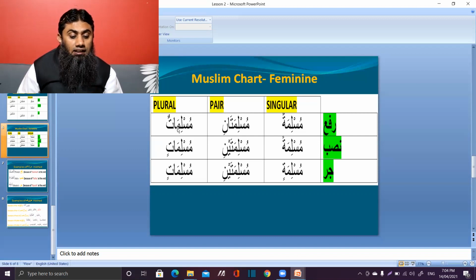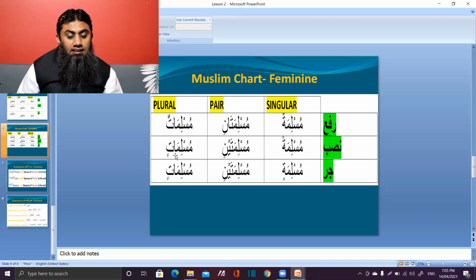Whenever you see this alif and ta, atun, it means this ism is feminine, plural, and status is rafa. And next to it muslimatin, both are the same. So atun sound means that this ism is plural, feminine, rafa.